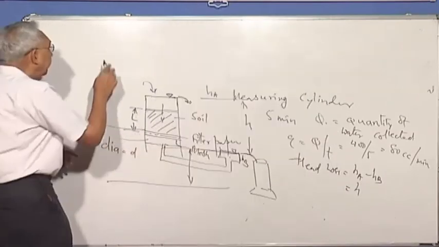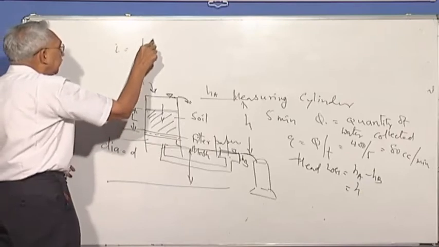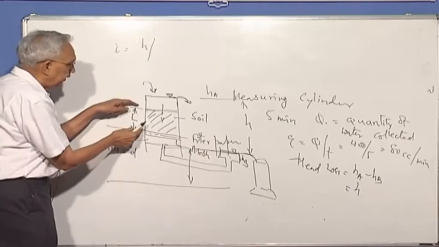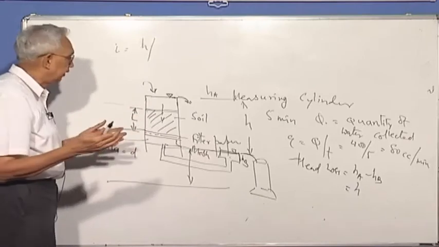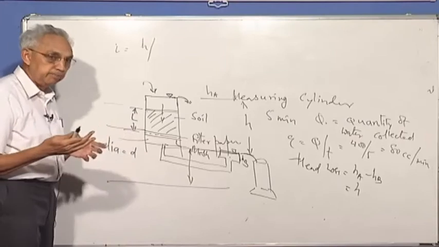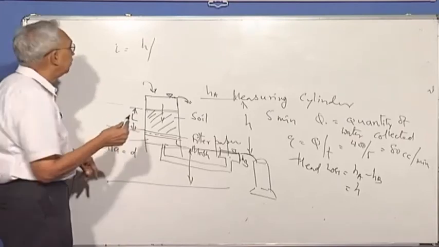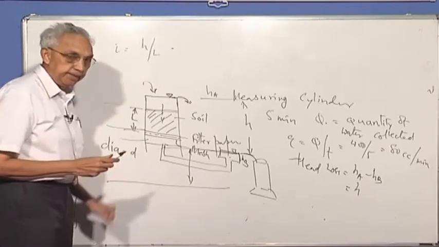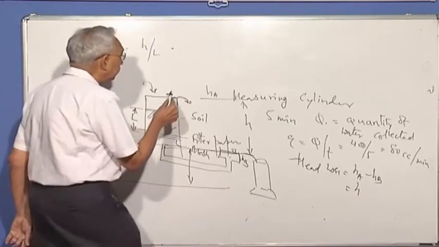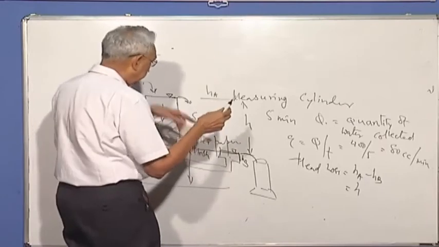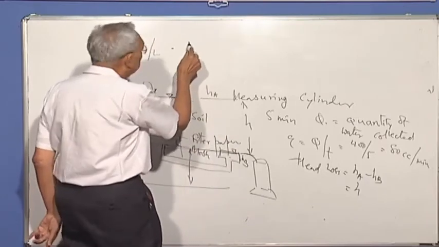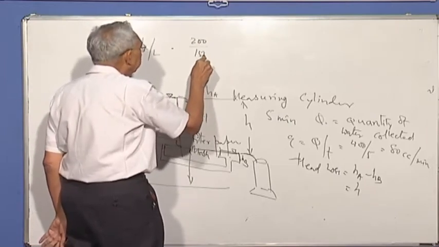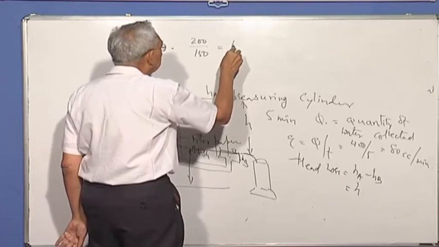The hydraulic gradient is H divided by the length L. The flow is taking place through maybe 30 centimeters, 300 millimeters or 150 millimeter length. So H by L gives me the gradient. Let's say H is maybe about 200 millimeters and L is 150. So you have a gradient of 1.33.